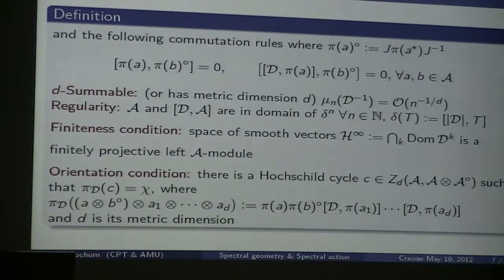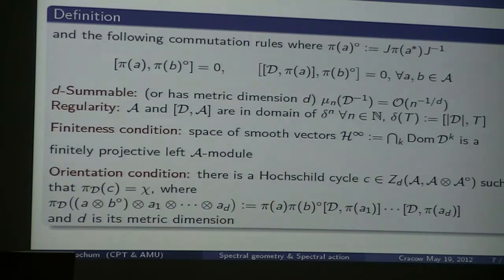This means that if you define this representation of an element in the algebra, which is denoted by this, I put a star here because J is antilinear, this is just a representation, and the role of J is that this representation commutes with the original one, and also commutes with the commutator with the algebra.